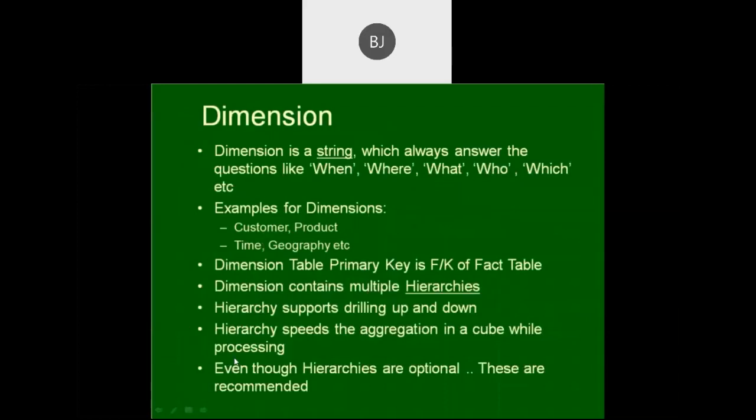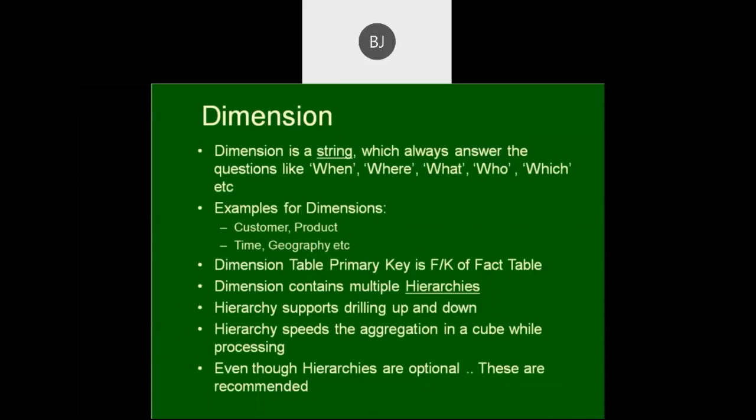So dimension is a string which always answers questions like when, where, what, who, which, etc. Examples of dimensions: dim customer, dim product, dim time, dim date. Dimension table has the primary key, foreign key in the fact table.